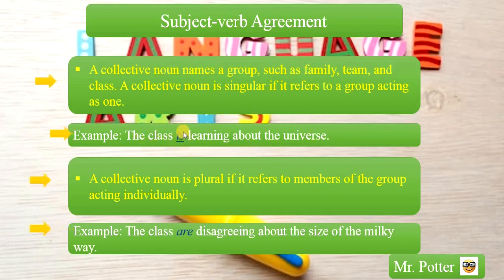That's why we are using is. Now, a collective noun is plural if it refers to members of the group acting individually. For example, the class are disagreeing about the size of the Milky Way. Why are we using are? Because we are talking about the class, all the group. We are talking about the students.